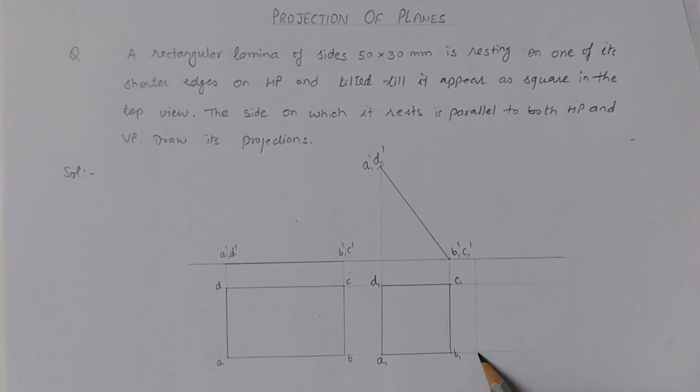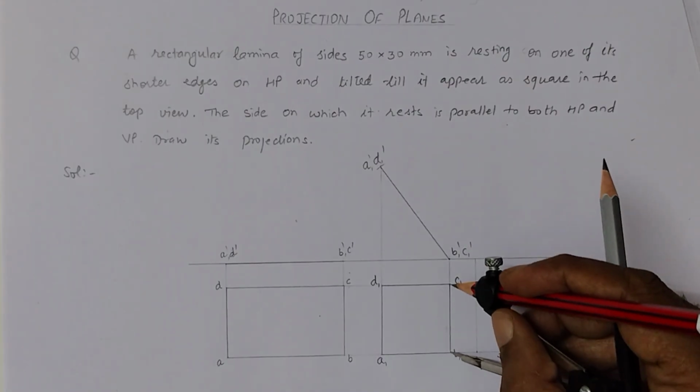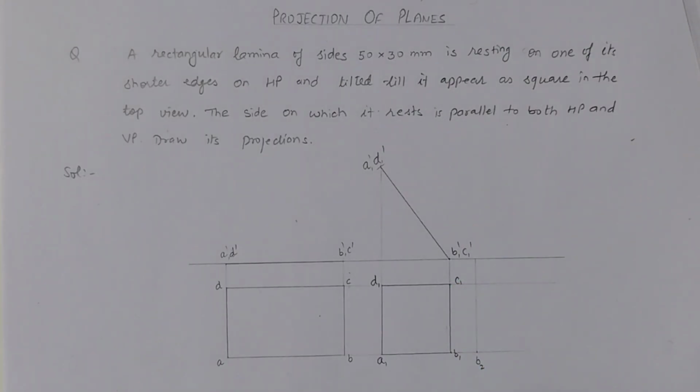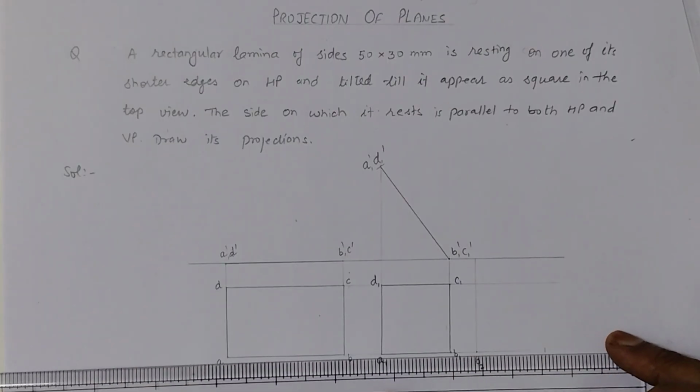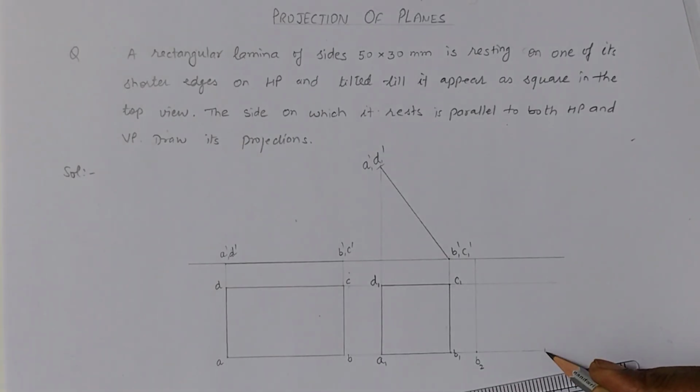Now we have to make this edge parallel to XY. So just mark this corner as B2, and C2 on this side. So measure the distance. So here is the point.